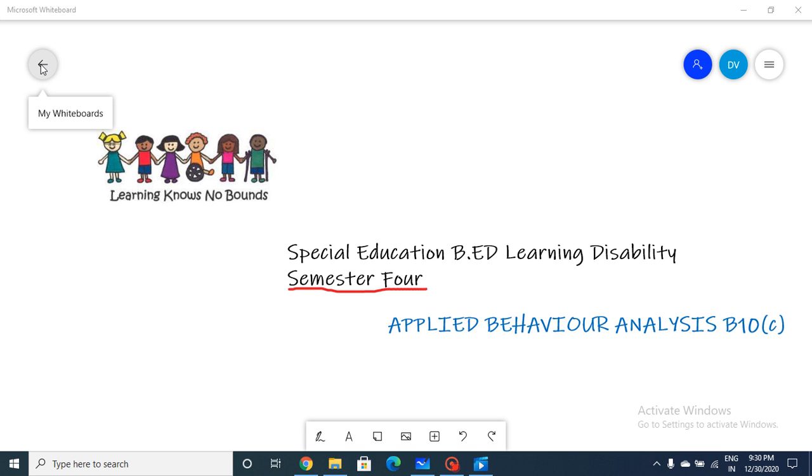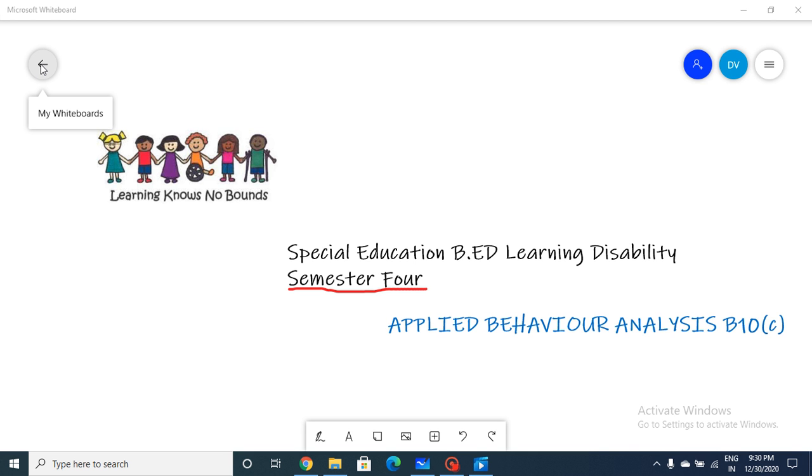Applied behavior analysis is an approach for behavior modification. It is a kind of therapy given to children having behavioral problems like ADHD, autism, and some other children who need special attention and care and modification of their behavior.